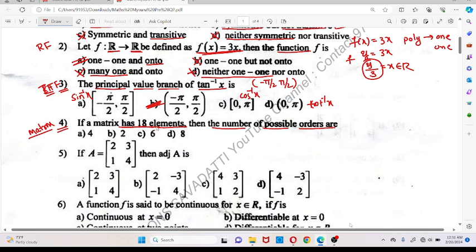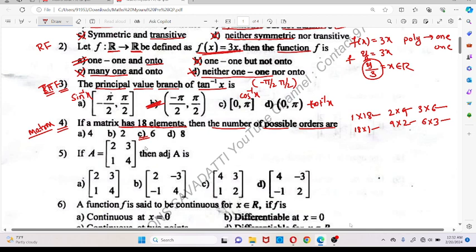A matrix has 18 elements means possible orders are 1 cross 18, 18 cross 1, or 2 cross 9, 9 cross 2, otherwise 3 cross 6, 6 cross 3, right? So if you go through these, definitely you will get 6 categories. So the possible orders are 6, so I will go with option C.